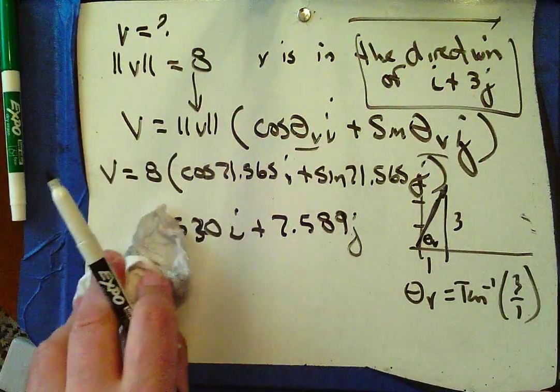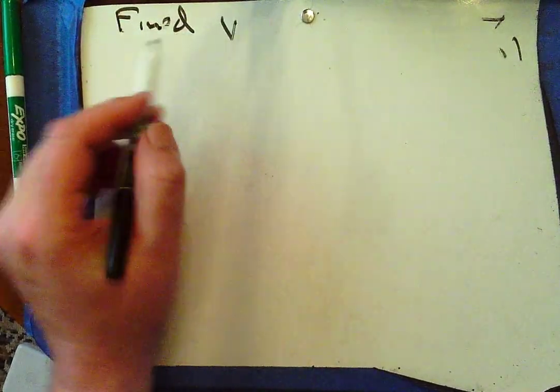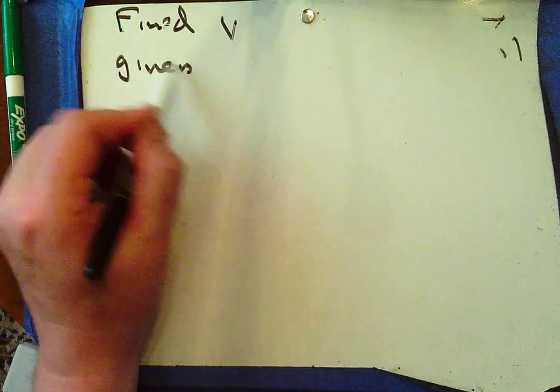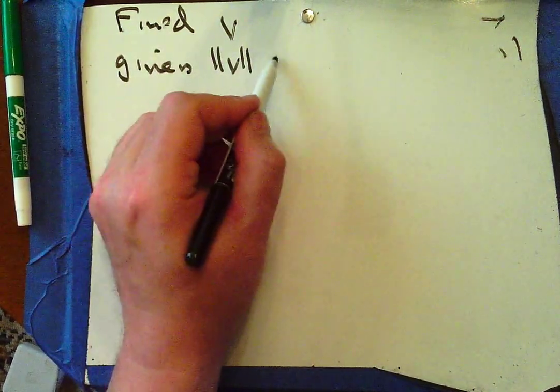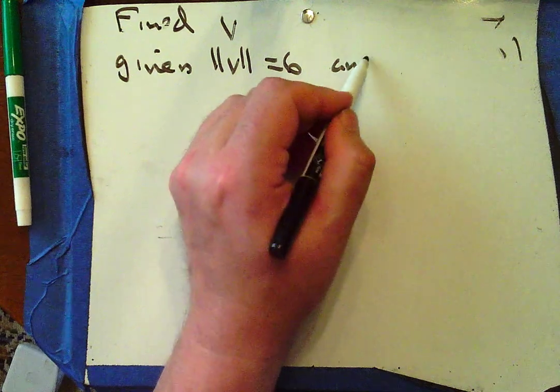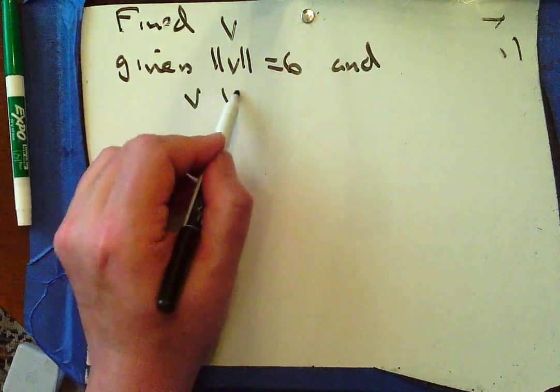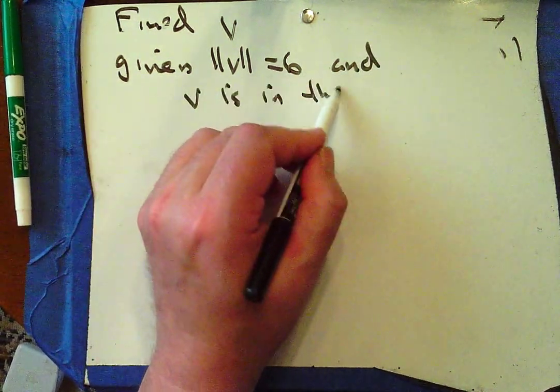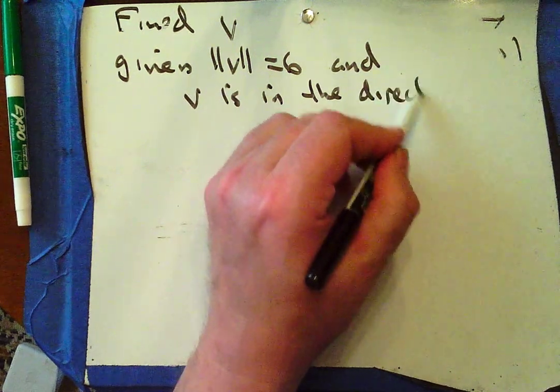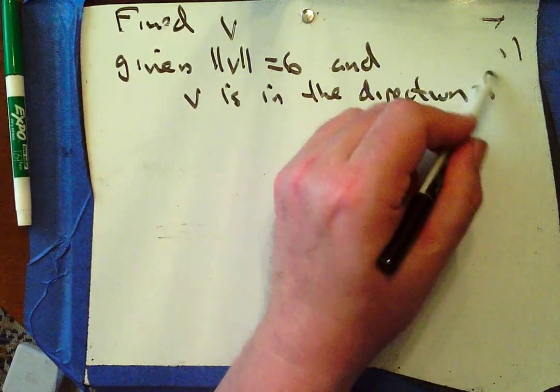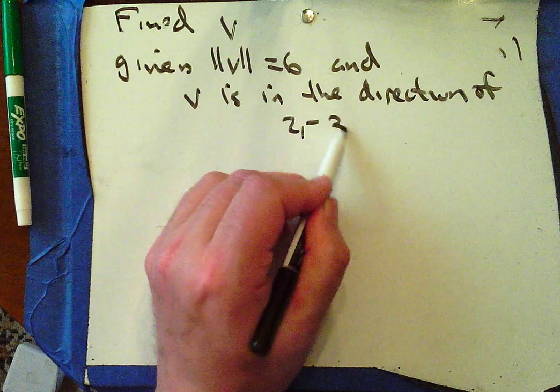What if instead of special unit vector form, they say find v given the magnitude of v is 6 and v is in the direction of 2, -3.